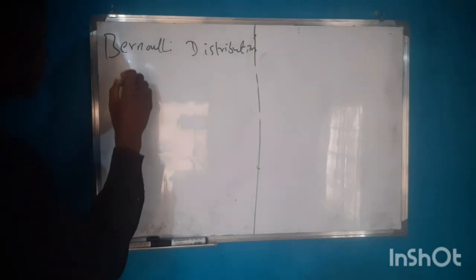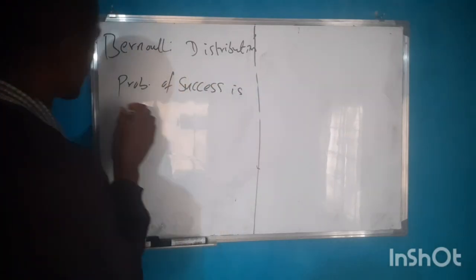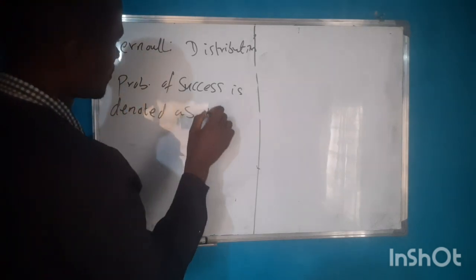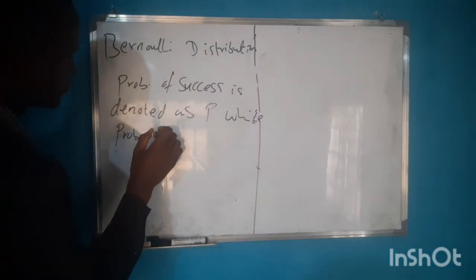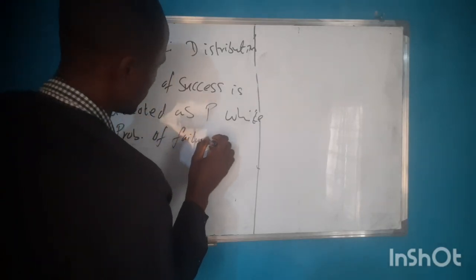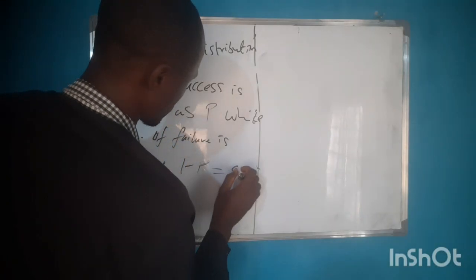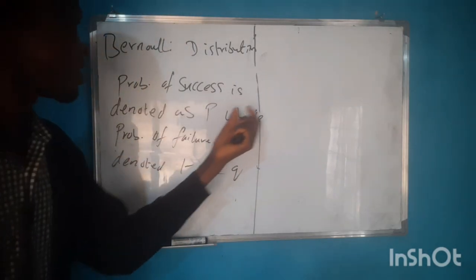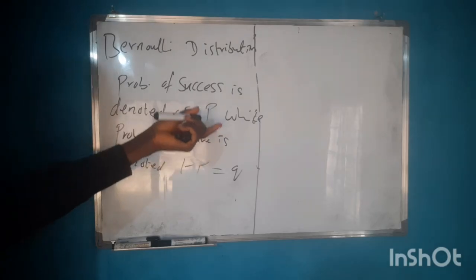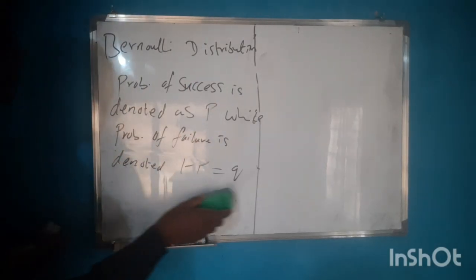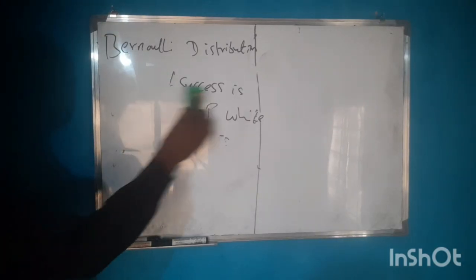The probability of success is denoted as P, while the probability of failure is denoted as 1 minus P, which is the same thing as Q. A random variable generated from a Bernoulli experiment is called a Bernoulli random variable.